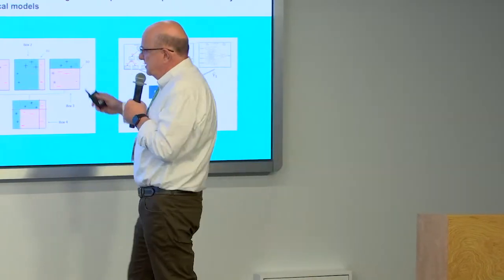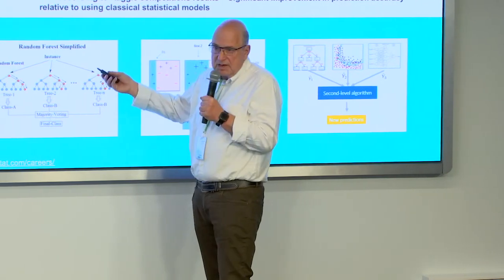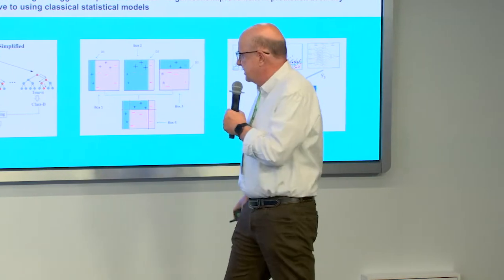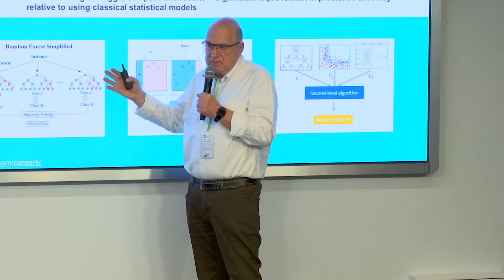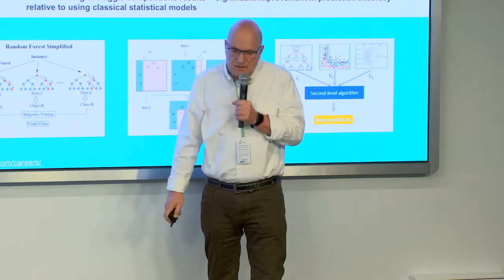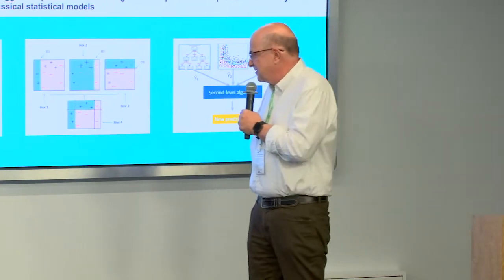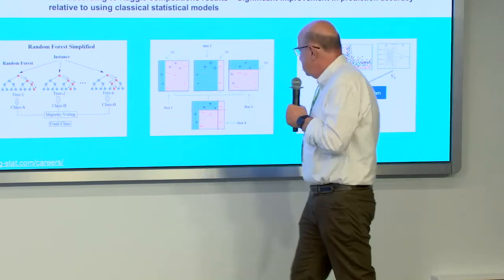It started with Leo Breiman, the random forest. What Leo Breiman did, he said, instead of taking one tree, let's take the idea of bootstrapping. We have many, many trees. Then we do voting or averaging, and we receive what is till now one of the best performing models, the decision trees.